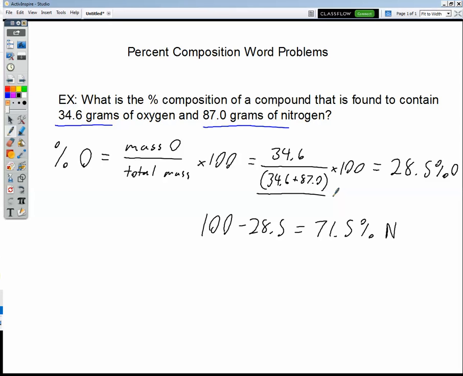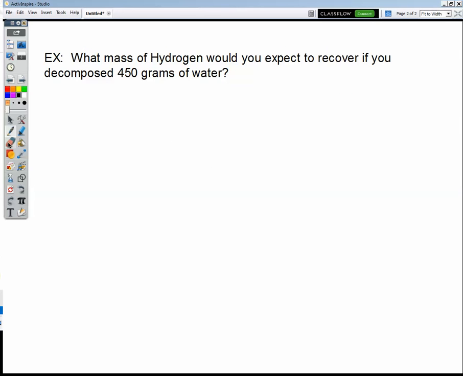All right, so these problems are really straightforward. Let's look at an example of a kind of word problem that you might have. What mass of hydrogen would you expect to recover if you decomposed, that means broke apart, 450 grams of water? So you decompose water by running an electric current through it, and that'll break it up into its hydrogen and oxygen.